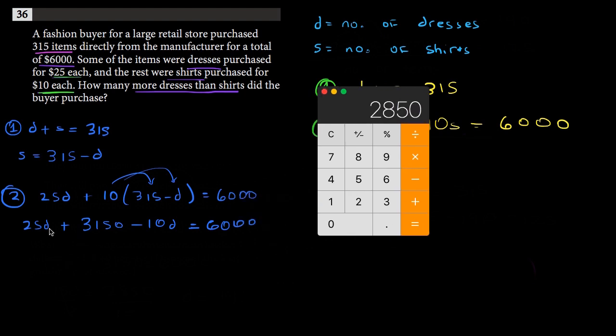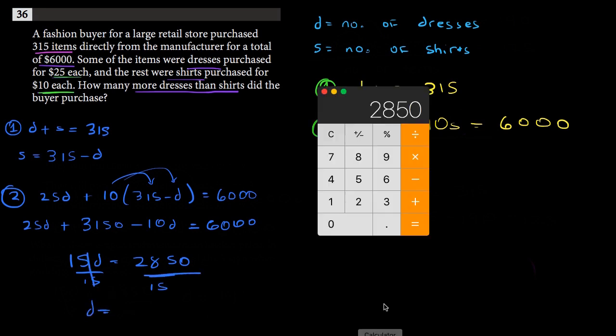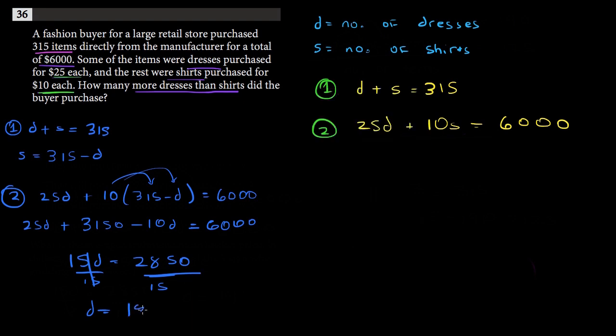If you're confused, all I did is I took this all the way here. And so it becomes 15D equals 2,850. Divide 15 on both sides, and so D equals 190. We have the number of dresses is 190.